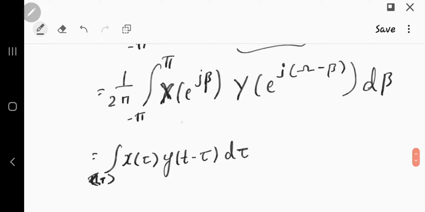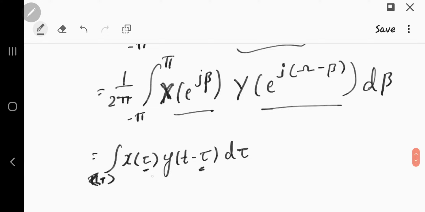Now if you observe this, these terms are in the frequency domain. The limit is for one particular duration here, minus pi to plus pi, and tau represents the time index. Here it is e power j beta, where beta is representing the time index, and here we have omega minus beta.